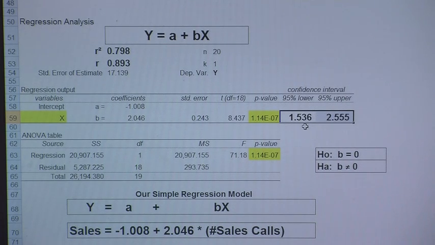So we're 95% confident that the true responsiveness of our dependent variable sales to our independent variable number of sales calls ranges somewhere between 1.536 and 2.555. Thank you.